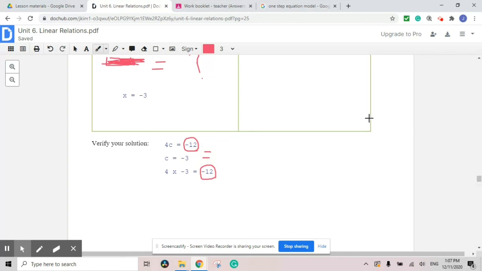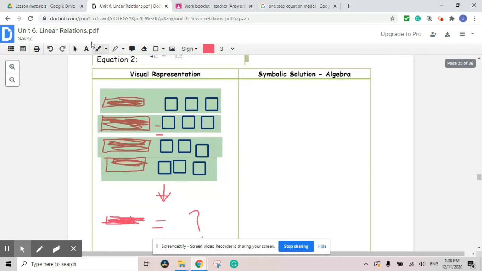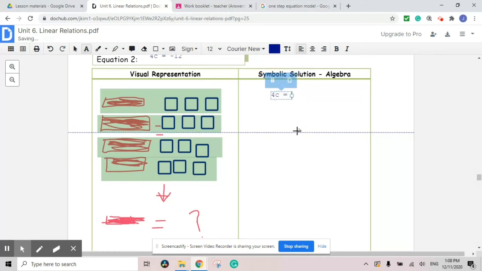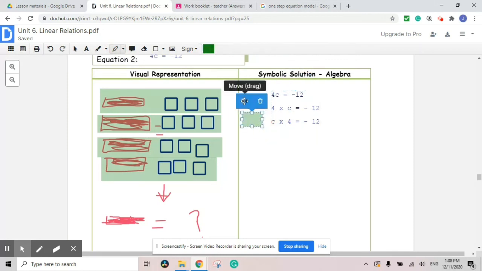If you're using opposite operations, which I'm going to go up a little bit, then you have to use the opposite operation as mental math. 4c is equal to -12. If I expand, 4 times c is equal to -12. That is equivalent to c times 4 is equal to -12. Order really doesn't matter. Your job is figuring out the opposite of this expression, which is multiply by 4.